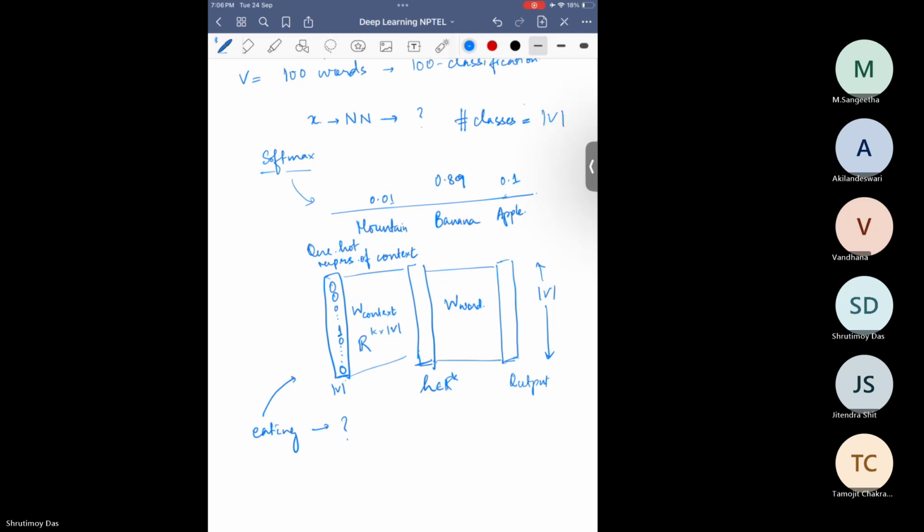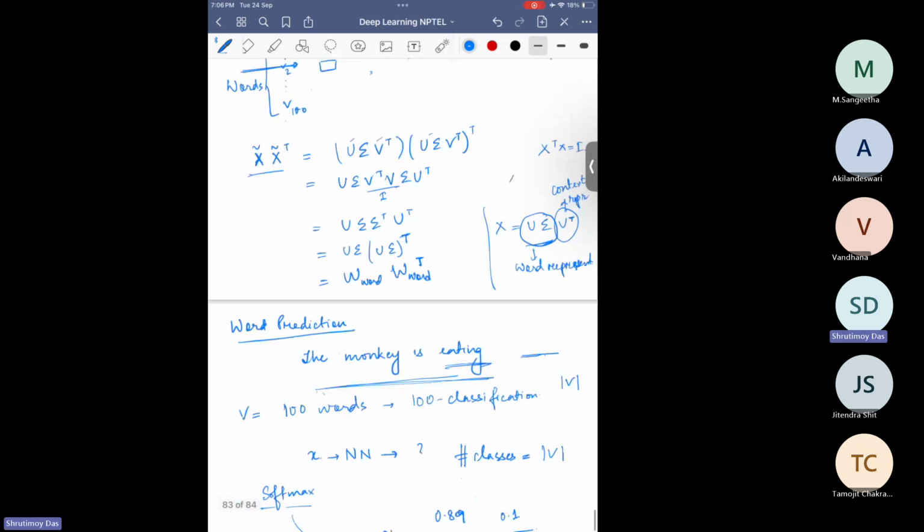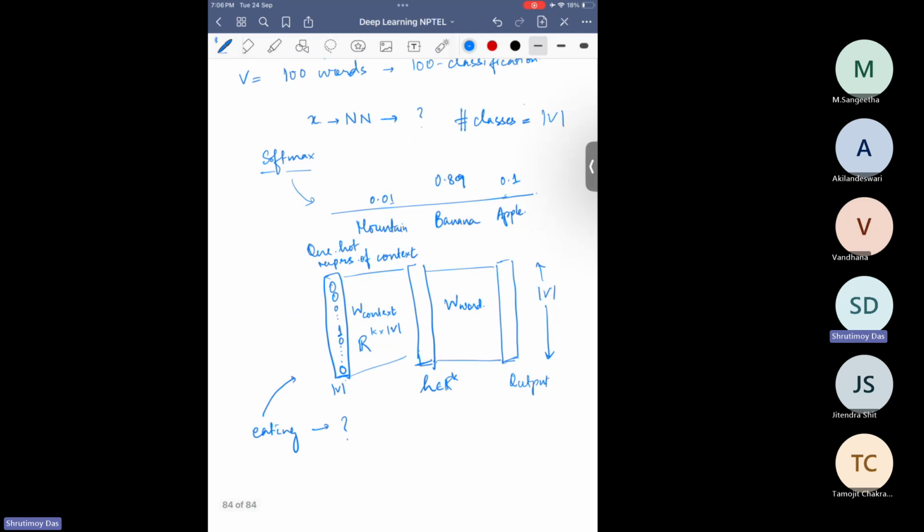To relate it to the SVD, when we talked about SVD, each word in the PPMI matrix is represented by each row of the matrix U sigma. Now instead of explicitly giving what those are, we're saying that those are represented by the rows of this W word matrix.